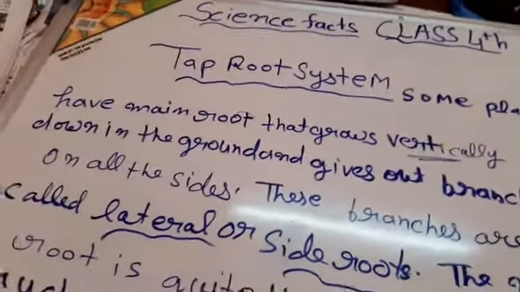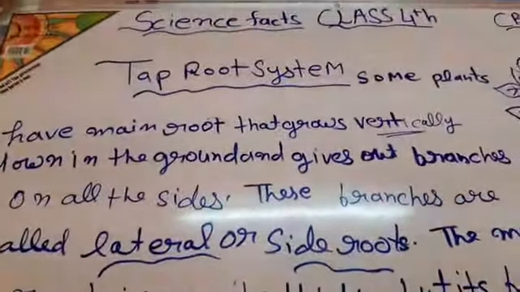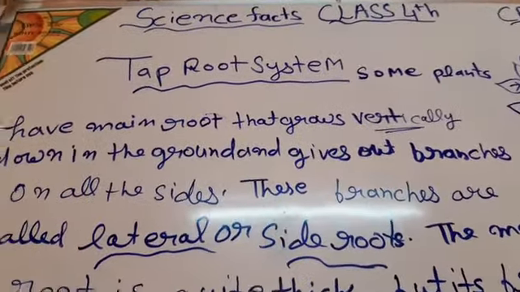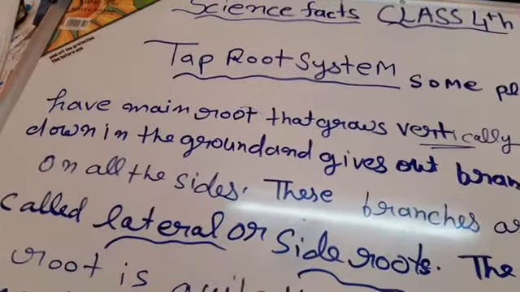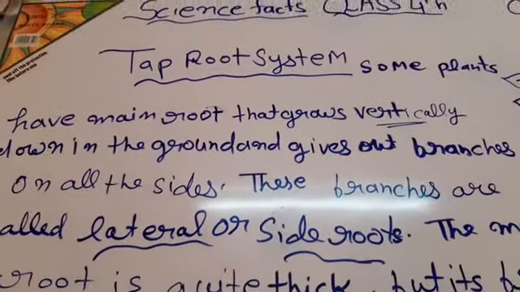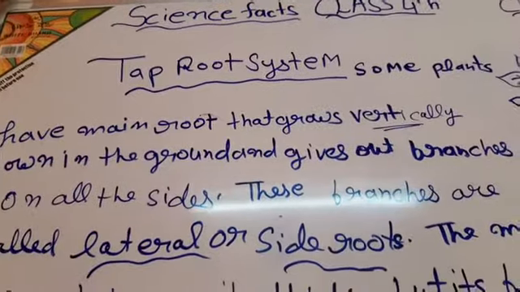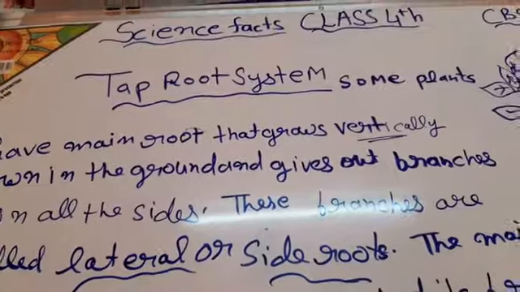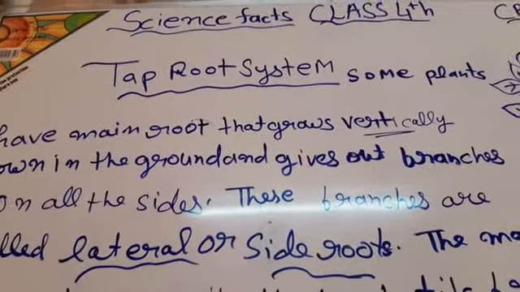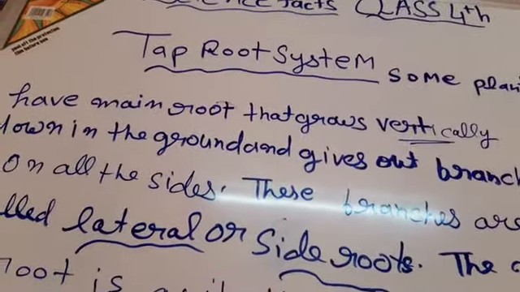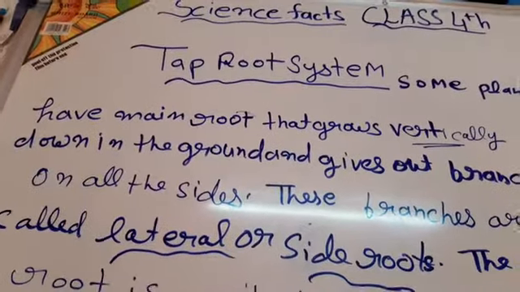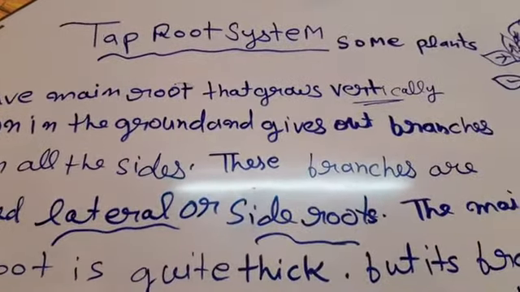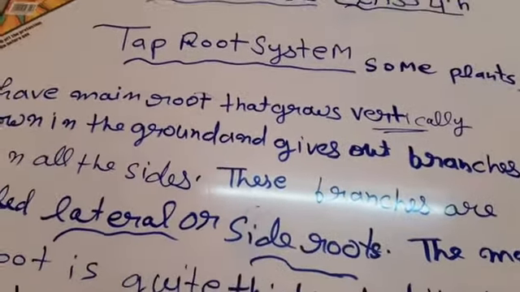So we will finish this video here, and in the next video we will discuss the fibrous root system and explain this topic. You can easily note it down and learn this topic.